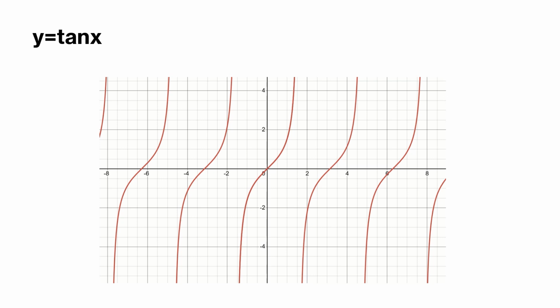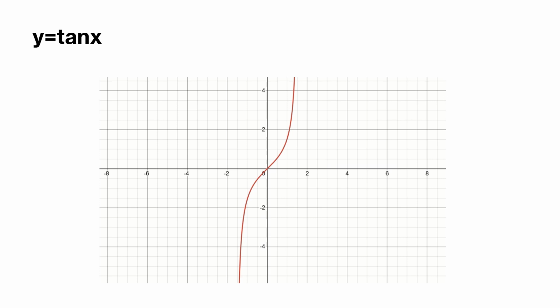This tangent function is clearly not one-to-one, so we're going to take a look at just the most useful piece right here. Let's toss in a couple of asymptotes there so we can see what's going on. So that is the limited piece of your tangent function with some asymptotes.